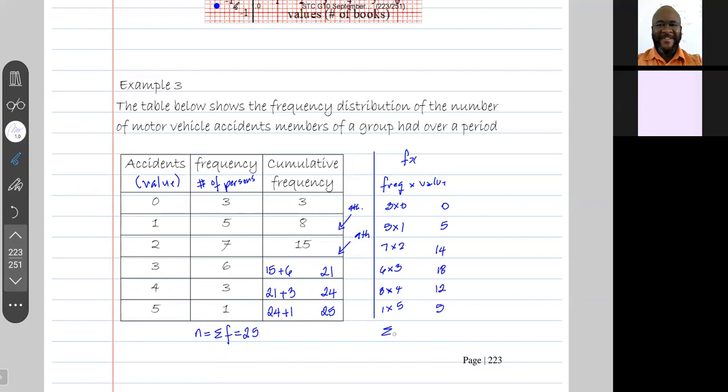The sum of fx is equal to 30, 40, 54. This is 54.